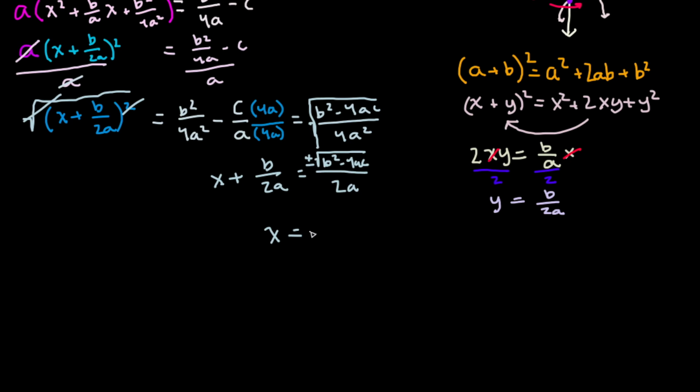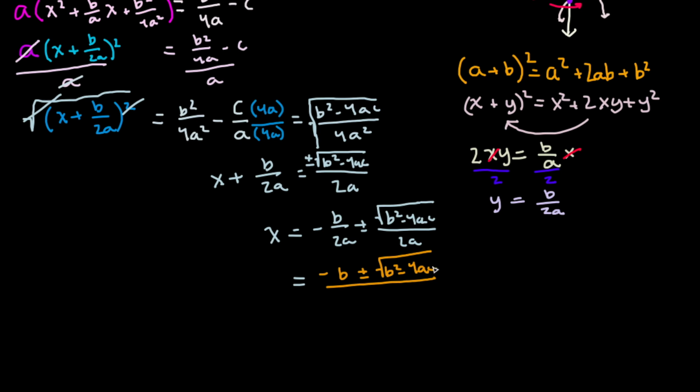So it's always important to remember that plus or minus symbol there. So let's subtract b over 2a on both sides, and we get negative b over 2a plus or minus the square root of b squared minus 4ac over 2a, and this is more popularly written as, so we have negative b plus or minus the square root of b squared minus 4ac, and all over 2a.